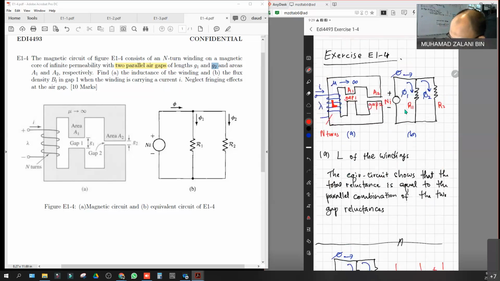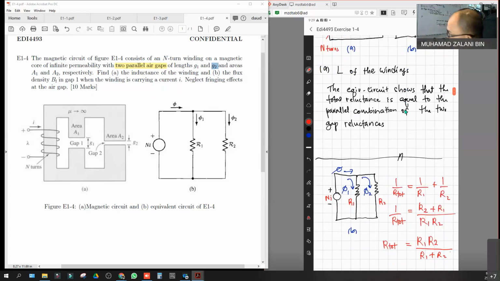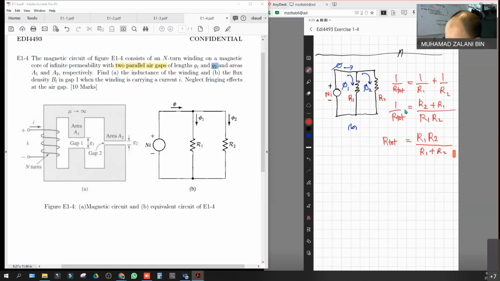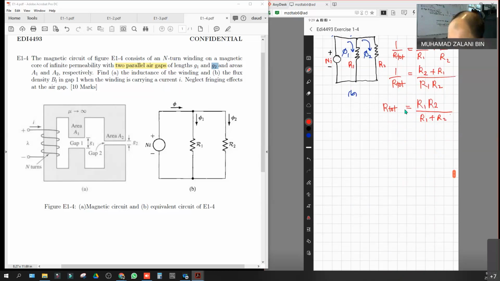So in the question, we want to find the L, right? But before that, we need to get the equation that relates the inductance. We need to find phi lah, sebab kita ada R1, R2, dia relate dengan phi kan, which is the flux.